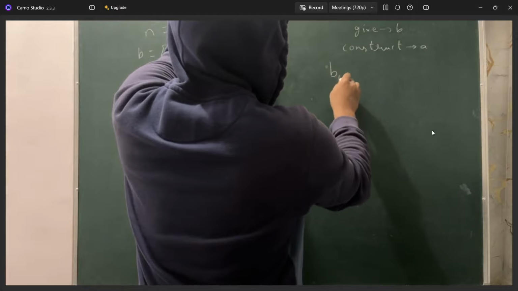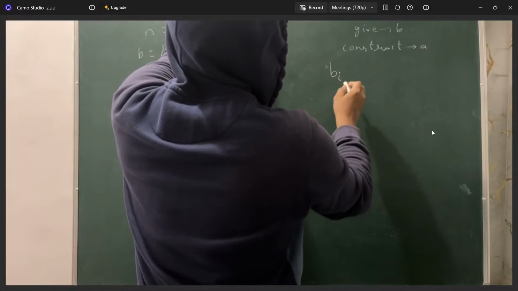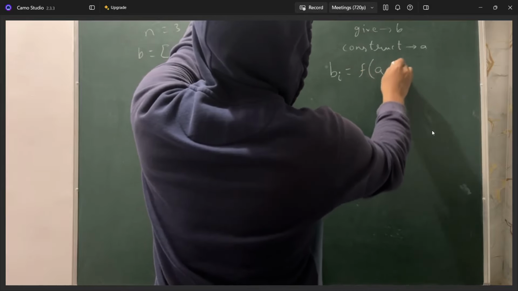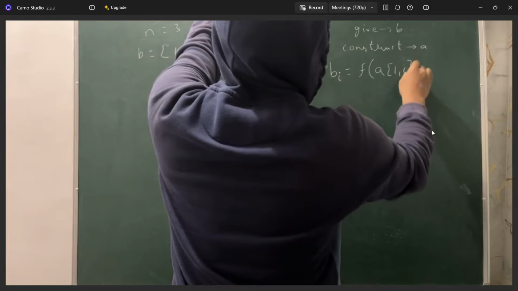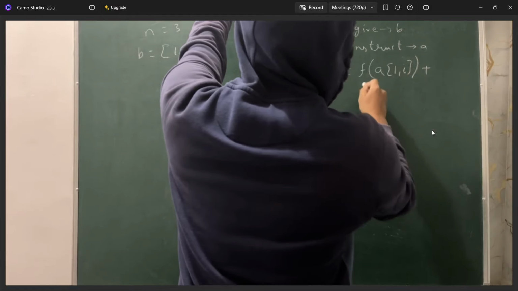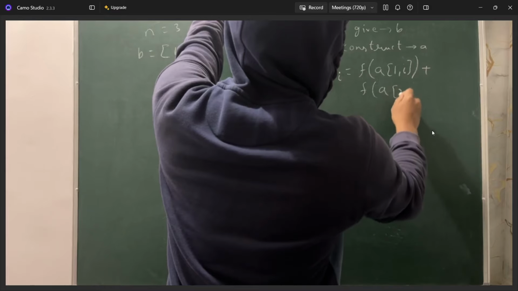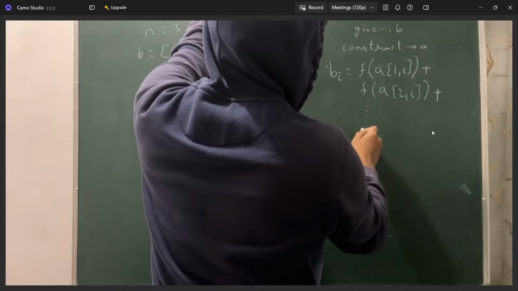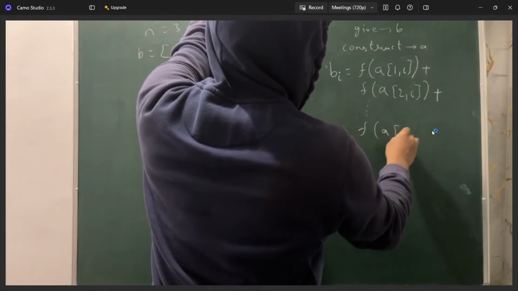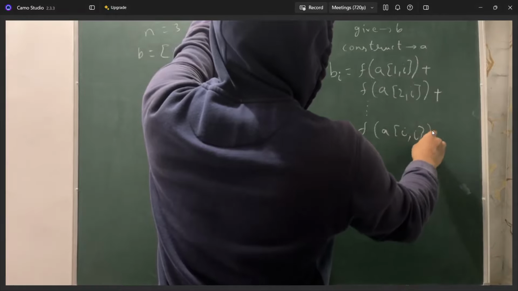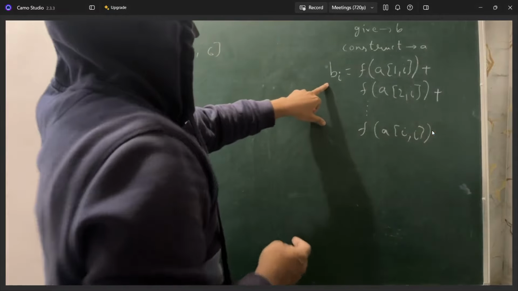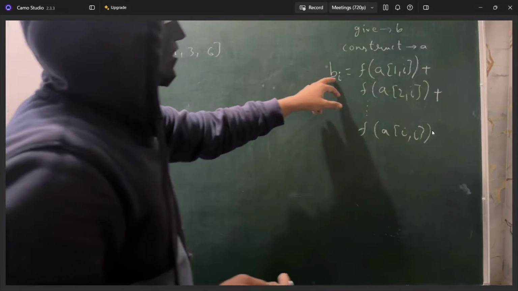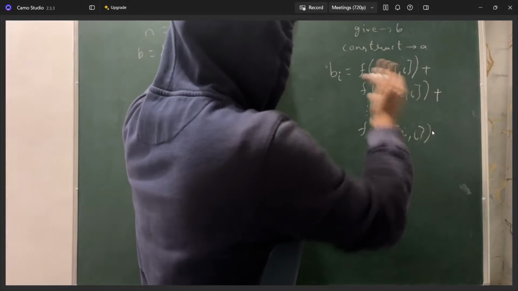Bi, if you want to find, is going to be f of A from 1 to I plus f of A from 2 to I plus so on, up to f of A from I to I. So this is the definition of Bi. Basically they have given Bi, and we'll have to construct A. So it is a reverse order, we'll do it, don't worry.